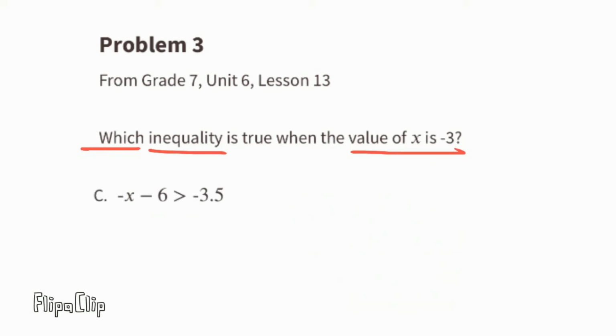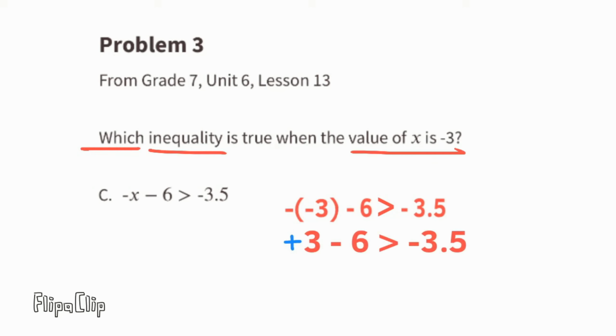C. Negative x minus 6 is greater than negative 3.5. Let's substitute the x with a negative 3. Now the inequality reads negative times a negative 3 minus 6 is greater than negative 3.5. Since a negative times a negative is a positive, this becomes a positive 3 minus 6 is greater than negative 3.5.